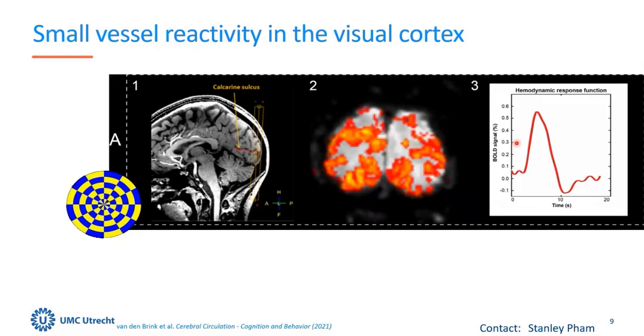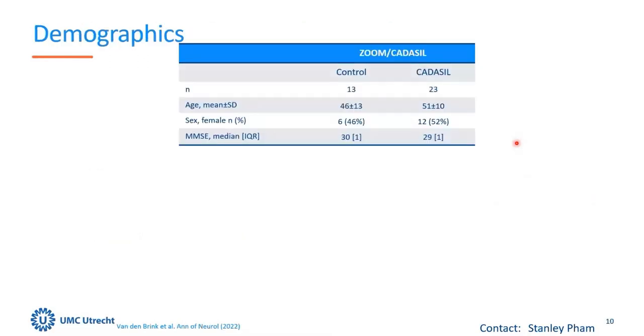So we already did these measurements in this cohort, and I'll briefly summarize the results of what was already done. First of all, look at the demographics of our patients. So we included 23 CADASIL patients from Germany, and we found 13 age and sex matched controls. It went fairly well. The age and sex matching, a little bit, the CADASIL patients were a little bit older.